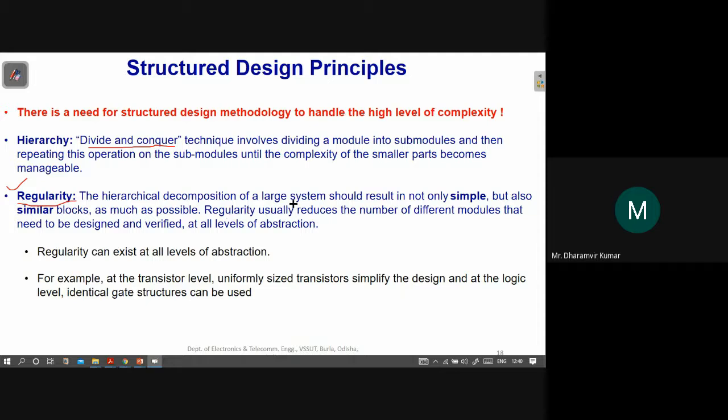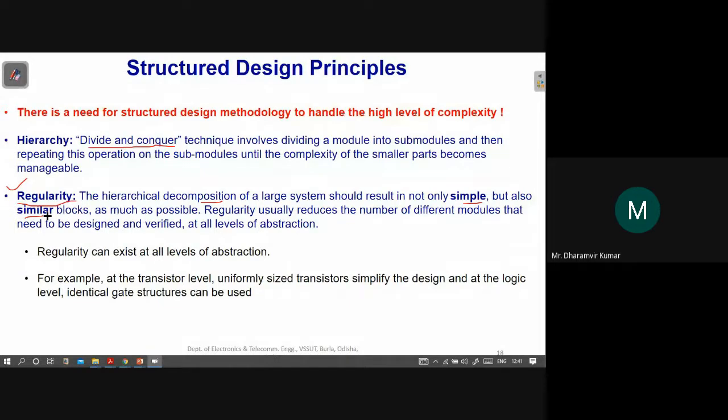If we are decomposing a bigger system into smaller systems, we try to decompose in such a way that we get smaller blocks, but the emphasis should be that we also get similar blocks, because once we design with similar blocks, it becomes easier to replicate and connect them.